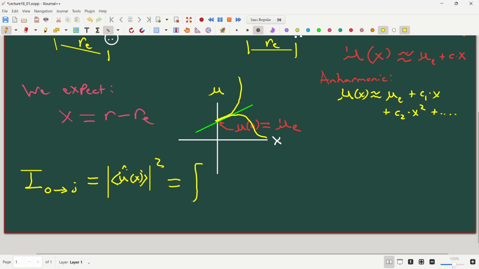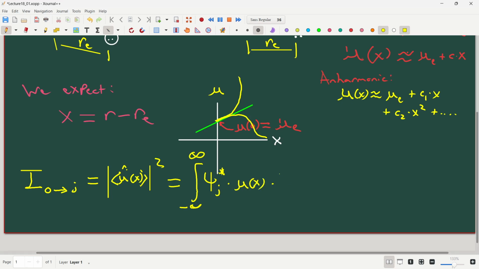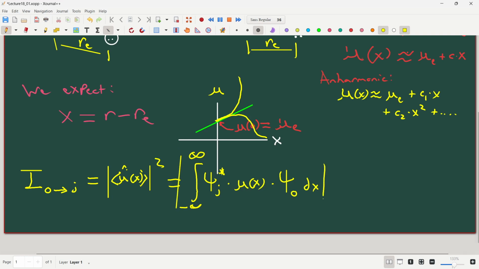It's an integral from negative infinity to infinity of our final state wave function, psi j, times the dipole function itself, times the initial state we started in, which is psi 0, v equals 0, times dx. And then we have to square the whole thing. You take this result and you square it. It needs to be a positive value.